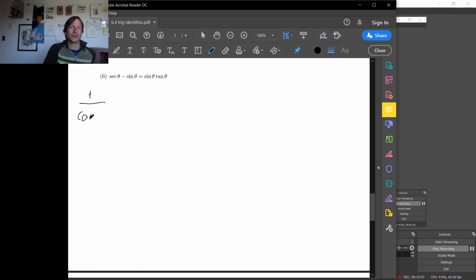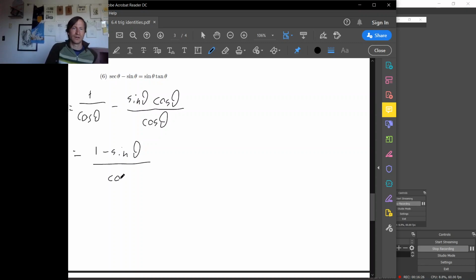So 1 over cosine theta minus sine theta. To subtract these, we're going to need a common denominator. So let's multiply and divide this piece by cosine theta. Okay, so now we can do the subtraction. 1 minus sine theta over cosine theta.